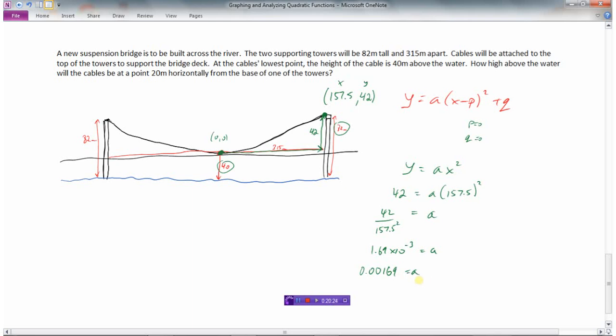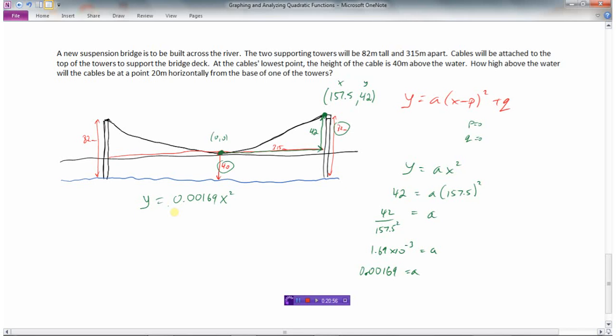So we could write it like this if you want. 1.69 times 10 to the minus 3 would be 0.00169. So the equation is y equals 0.00169 x squared, where x is the distance left or right from the origin, and y will be the height from the origin.